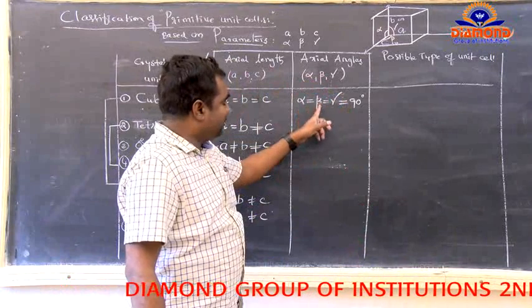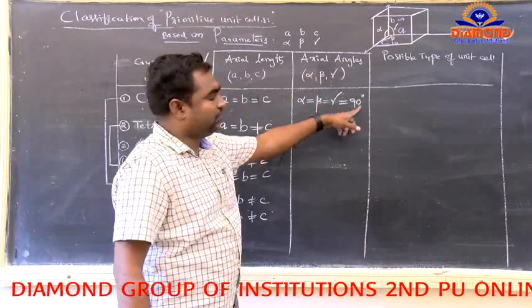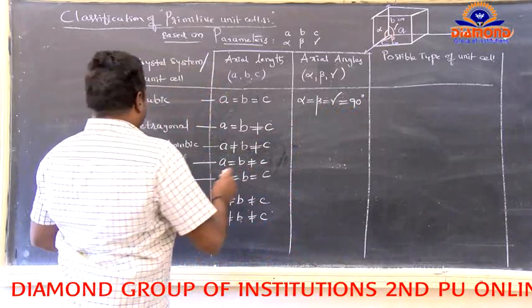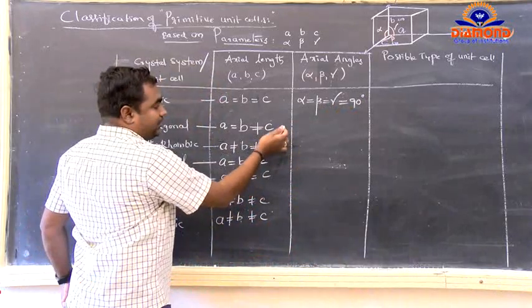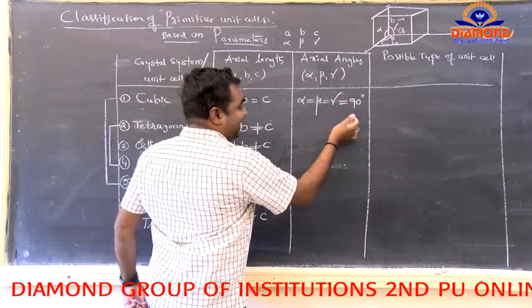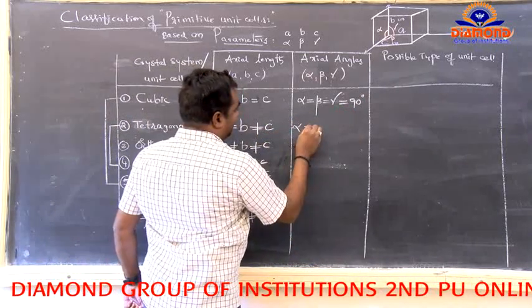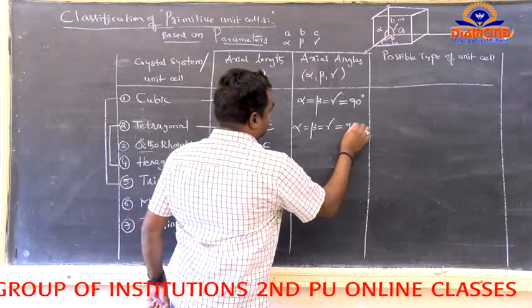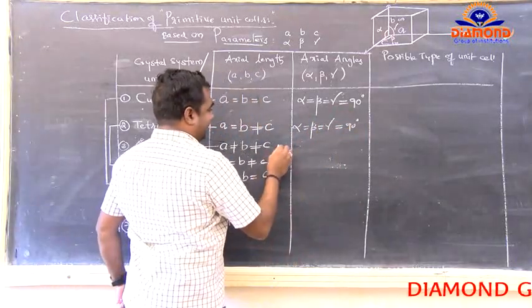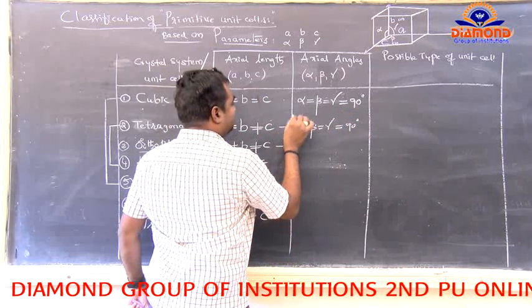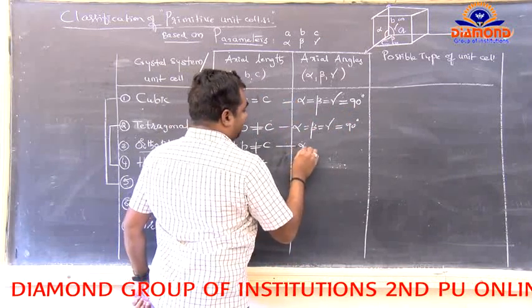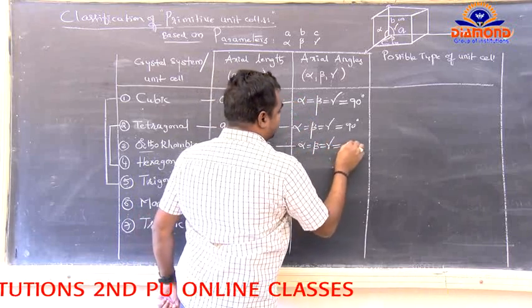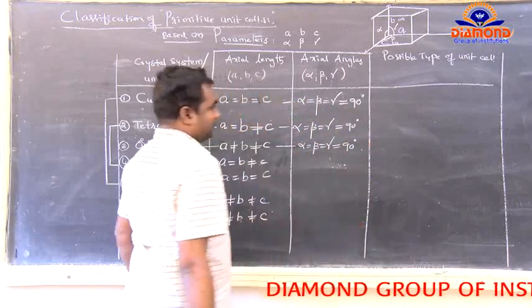Here alpha is equal to beta is equal to gamma is equal to 90 degrees. In the same way, the next two unit cells also have the same angles: alpha is equal to beta is equal to gamma is equal to 90 degrees. Again, the third one is the same thing.